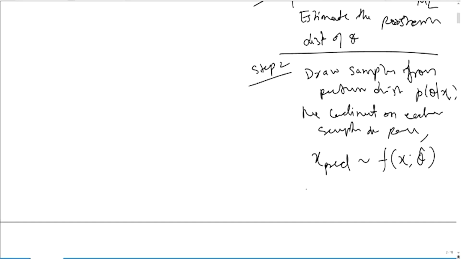Let's say you run iterations for i from 1 to n, so n number of iterations. In each iteration, you will draw a proposal theta i from the posterior distribution of theta given the data.